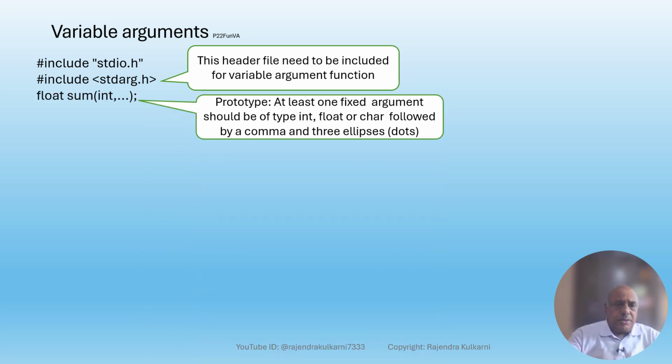Now we have declared a prototype. You can see a difference from the prototypes we have seen up till now. In this prototype the return type is float, the same as in every normal function. Then the function name is sum in this case. Where the change occurs is in the argument part.